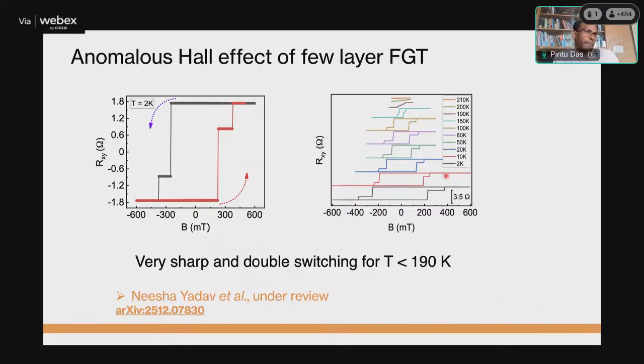Now, so this is obviously clear that there are two levels of magnetization reversal, right? And that may happen. So if you consider that, okay, so maybe there are different magnetic phases which switch differently at different coercive field. But this is not the case in this case, because from X-ray diffraction and Raman spectroscopy results, we know that there are no other phases in this.